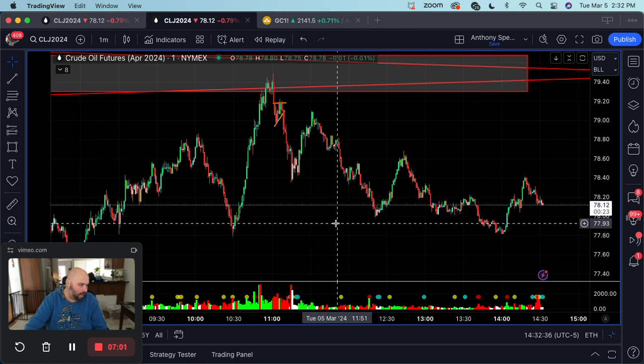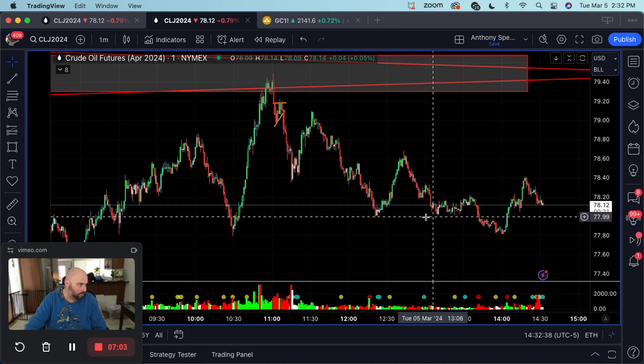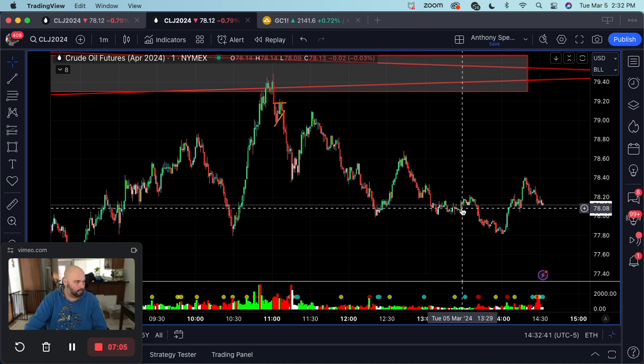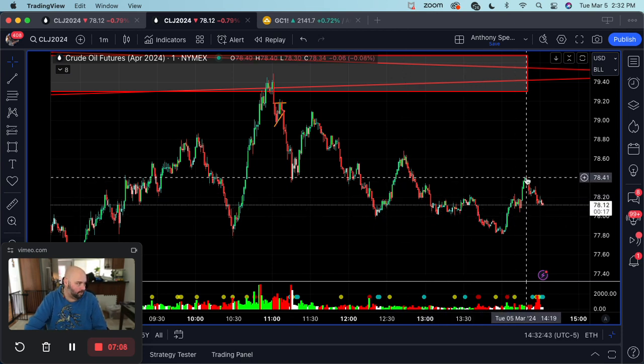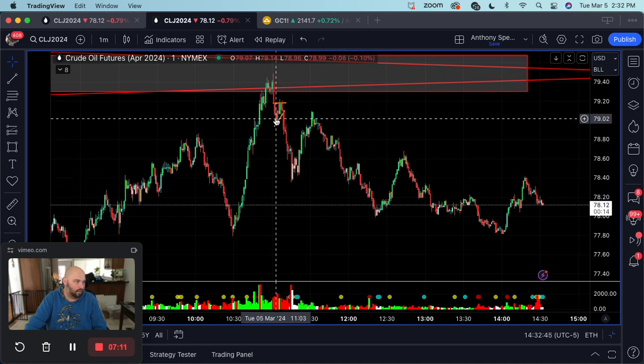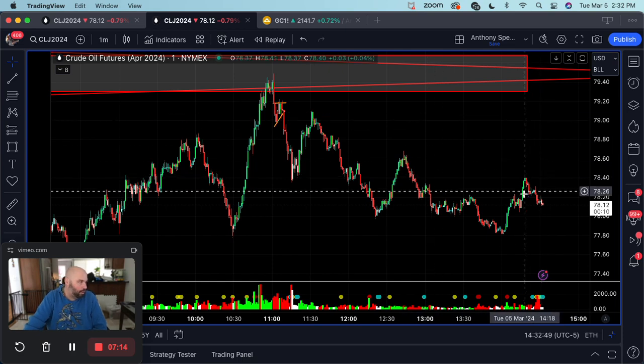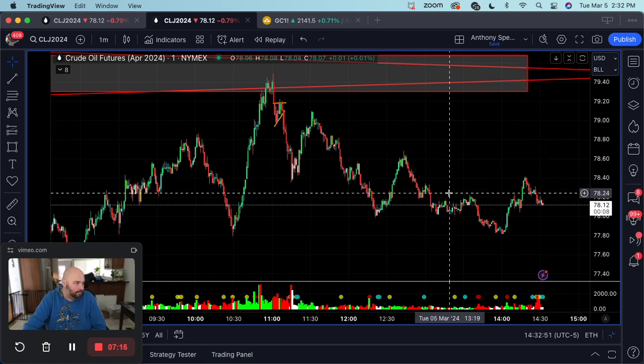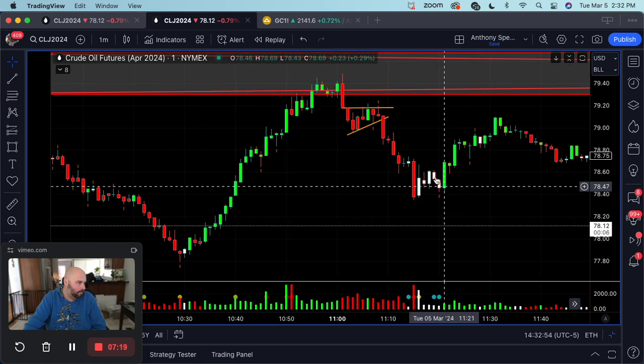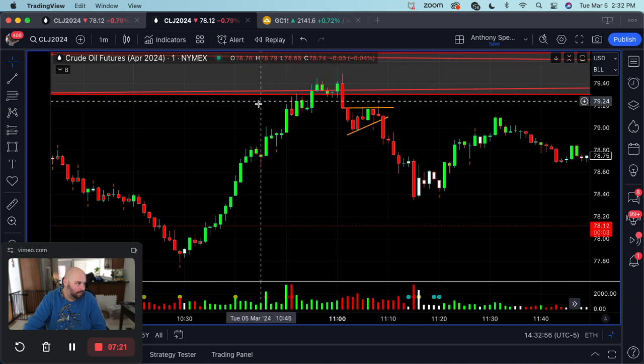The only area we hesitated was right here. Okay? It looks like we're trying to inch a little bit higher here, but still, we're far from breaking these prior highs in the bigger picture on a 1-minute chart. This was the spot, guys.